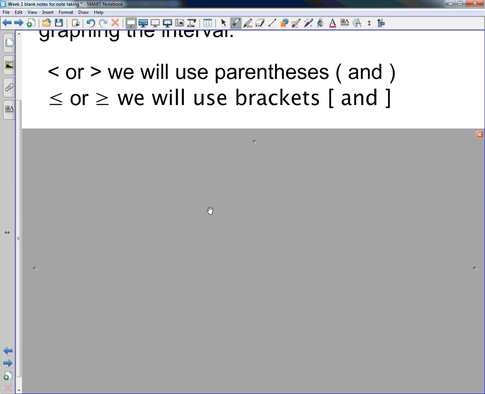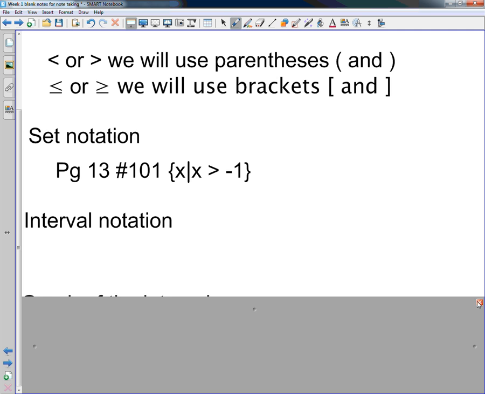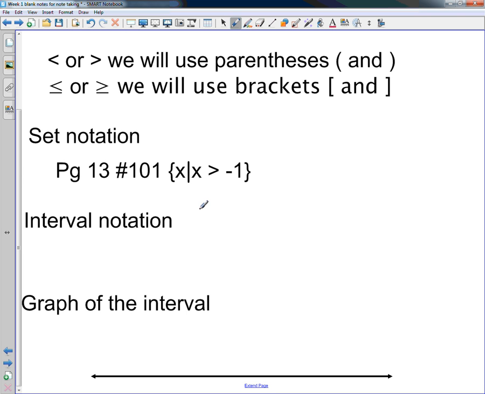So let's look at number 101. So we have two things that we're going to do. We're going to take our set notation, which we talked a little bit earlier about, and we want to write it as the interval notation, and we also want to graph. Okay.